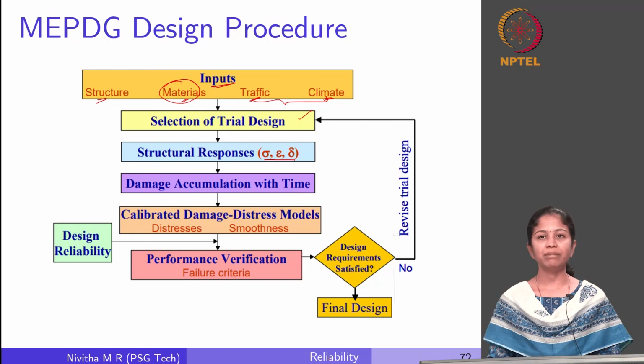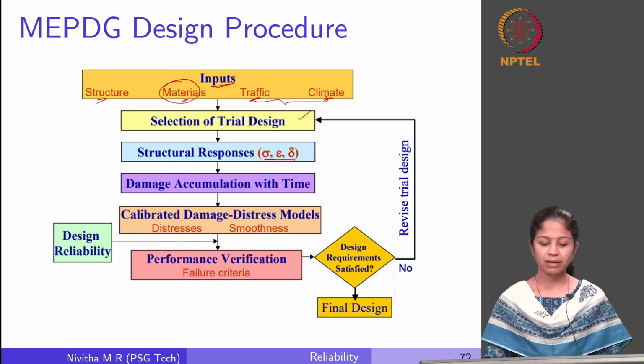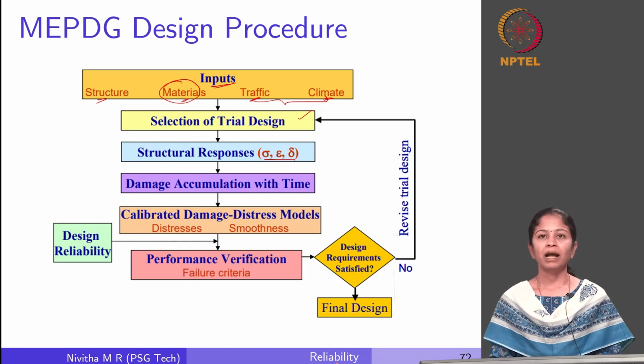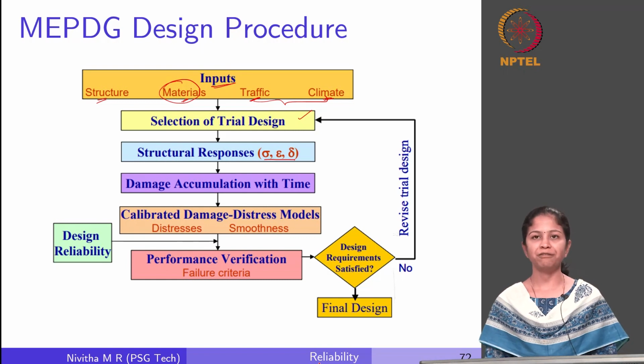Then the damage accumulation with time is computed here, and then the calibrated damage distress model is also used. As in IRC 37, wherein we have the equations to predict NF and NR, which are based on R56 studies conducted by MoRTH.